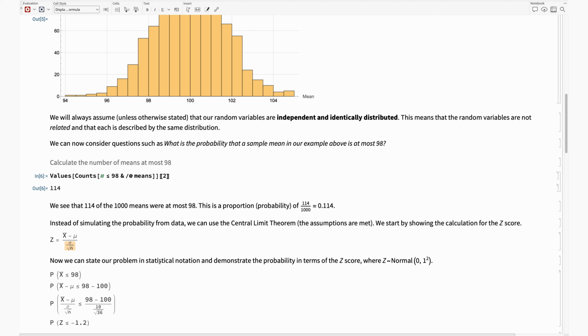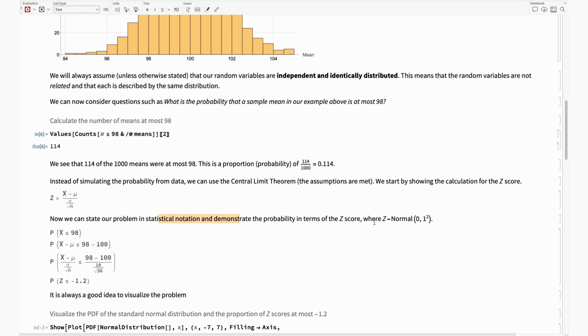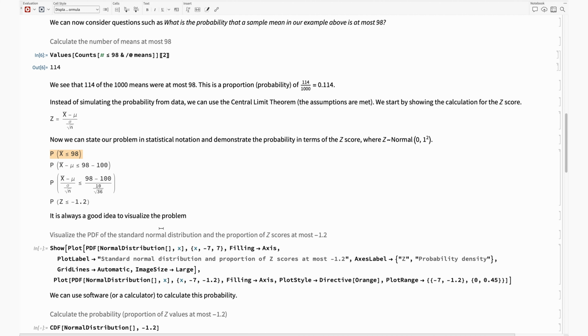So now we can state our problem in statistical notation, and demonstrate the probability in terms of a z-score, where remember z is described by the normal distribution with a mean of 0 and a variance or standard deviation of 1, so standard normal. And there in line 1 we have the statistical form of our problem.